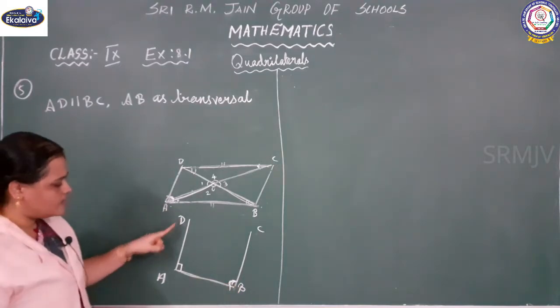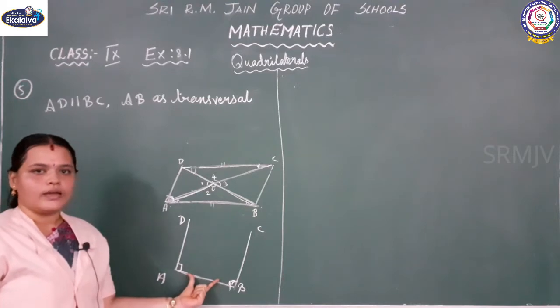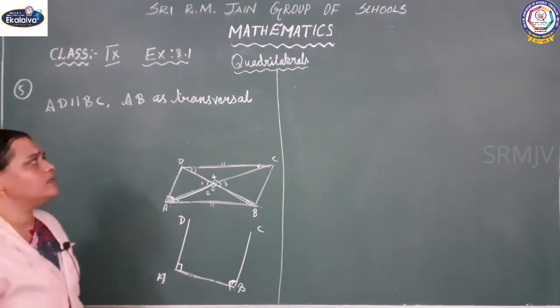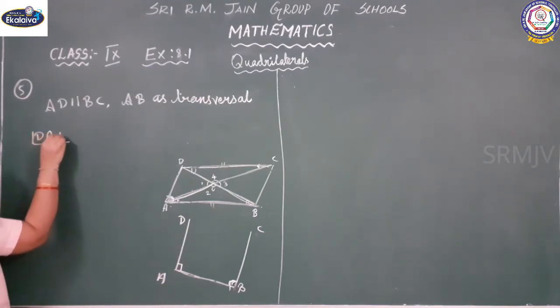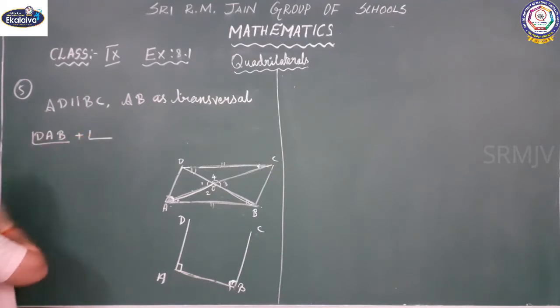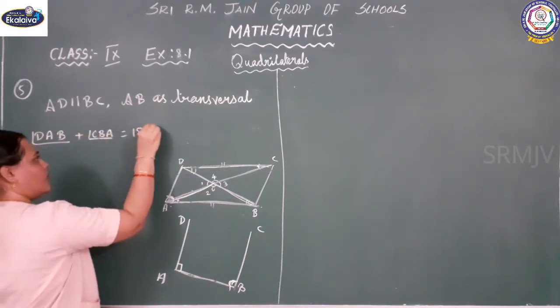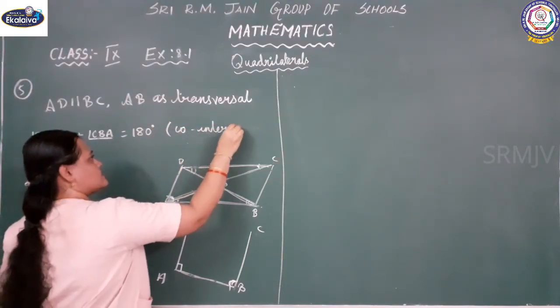When I add angle A and angle B, the sum of these two angles is 180 degrees, because these are co-interior angles, which we have learned in earlier classes. So angle DAB plus angle CBA equals 180 degrees because of co-interior angles.